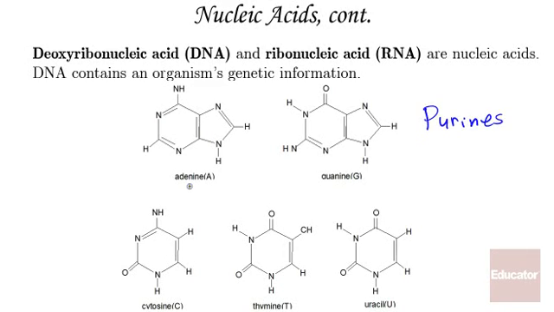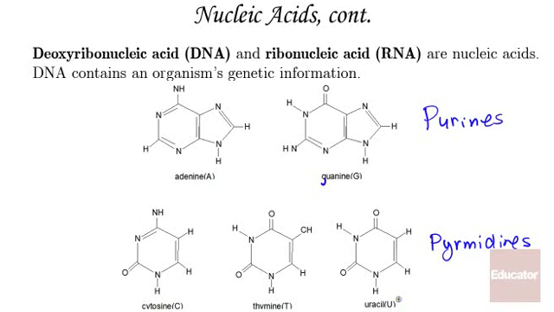And there are 2: adenine, often known by its abbreviation A, and guanine, known by just the letter G. Here, below in this row, are the pyrimidines. They're based on this 6-member ring, and these are rings that contain carbon and nitrogen. And there are 3 pyrimidines, cytosine, thymine, and uracil.